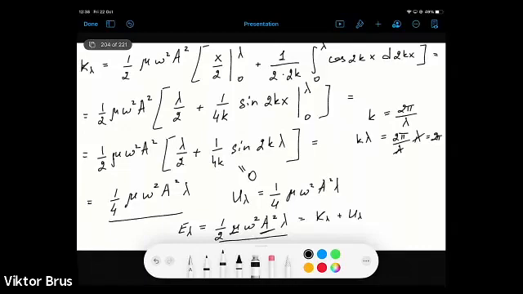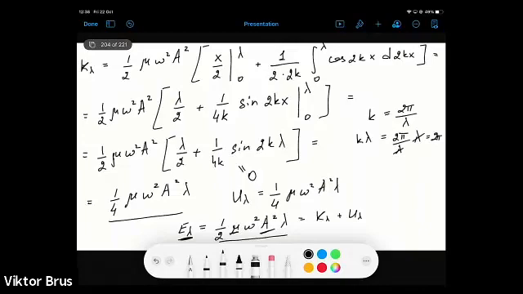Since we know the amount of energy per lambda, and we know it takes a period to move the distance of one wavelength lambda, in order to determine the power transmitted by the wave, we need to divide this E lambda by the period of the wave.